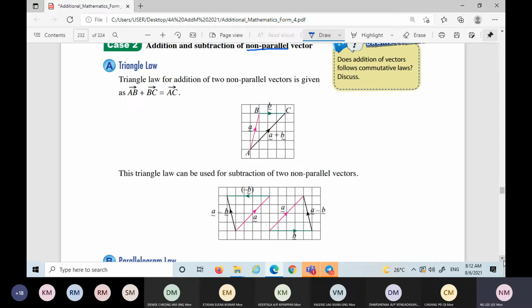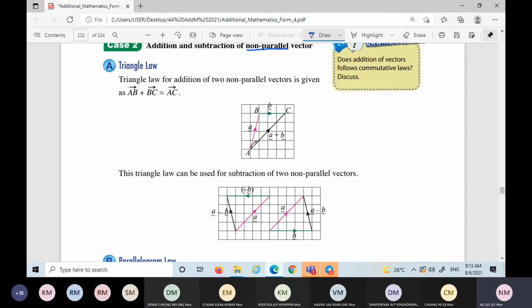Now we start with the triangle law. The triangle law for addition of two non-parallel vectors is given as AB plus BC is equal to AC. You see AB is here, and then BC is here, same as the example I gave just now for the resultant vector.